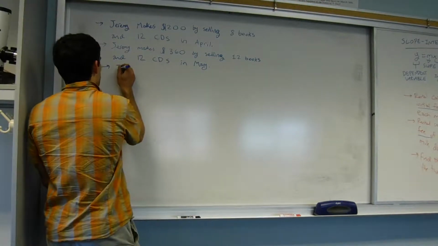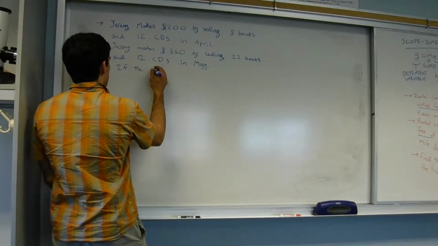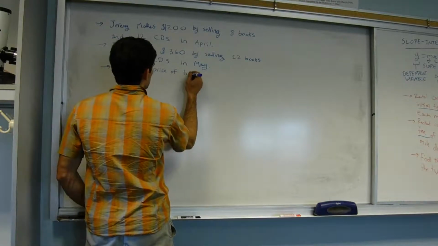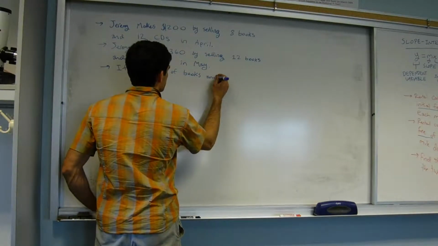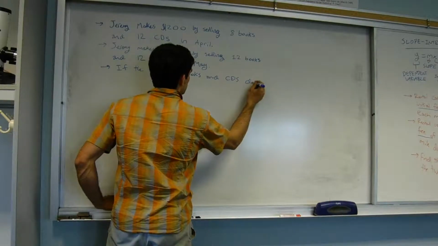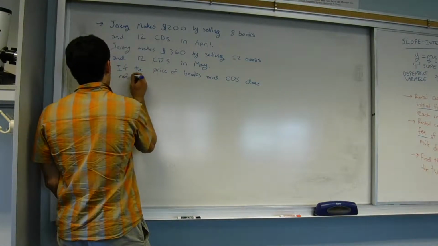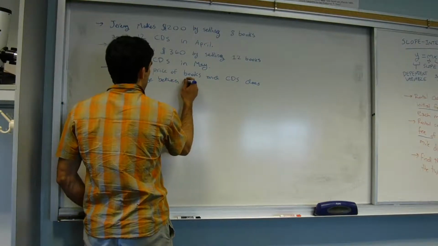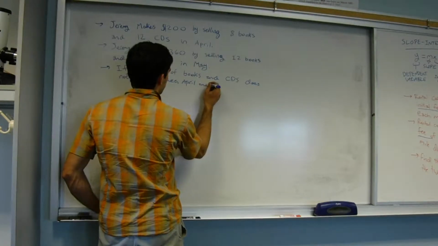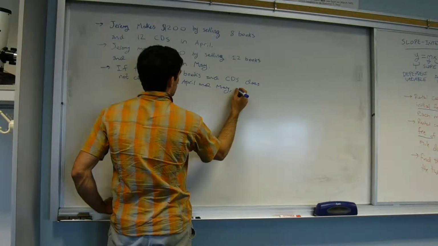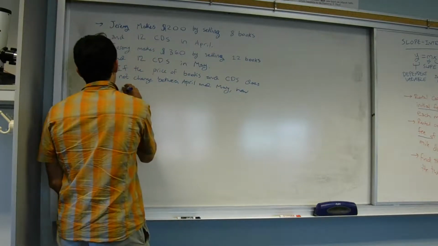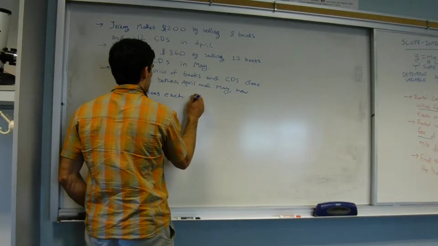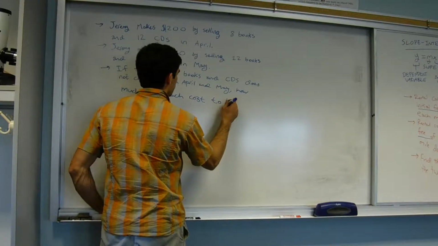So let's say the price of books and CDs does not change between April and May, how much does each cost to buy?